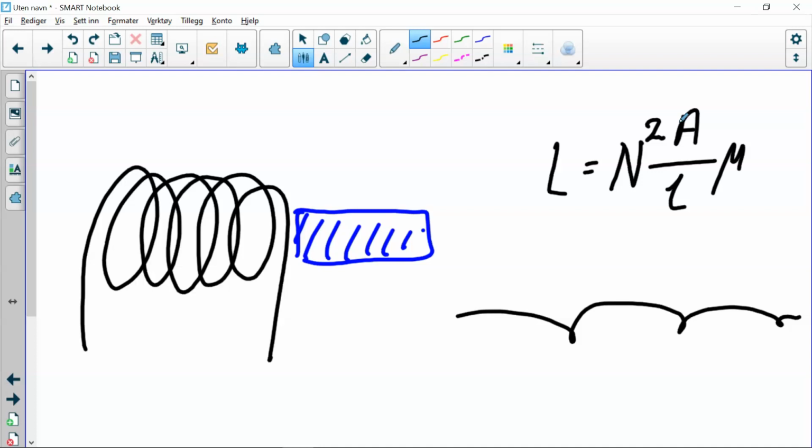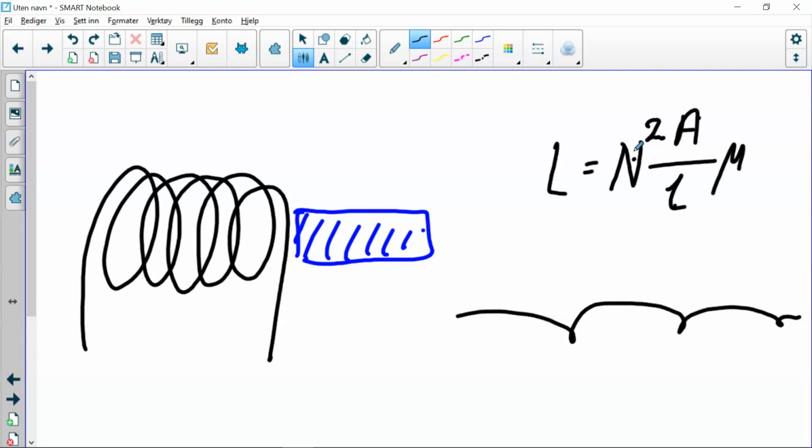So, if we want to manipulate the inductance of a coil, we can stretch the coil, make it longer, we can make it wider, or we can increase the number of turns. But in most cases, those three are rather fixed because of the physical properties of the coil.